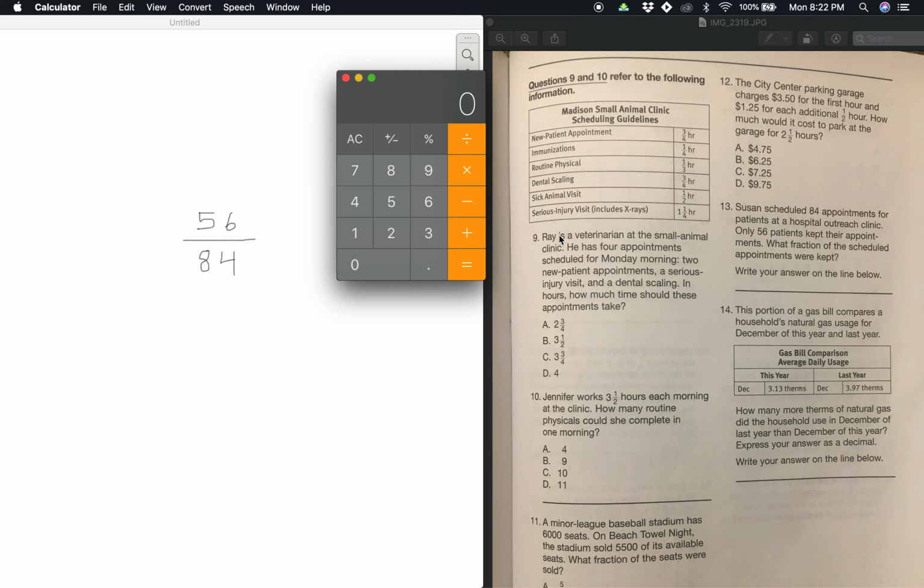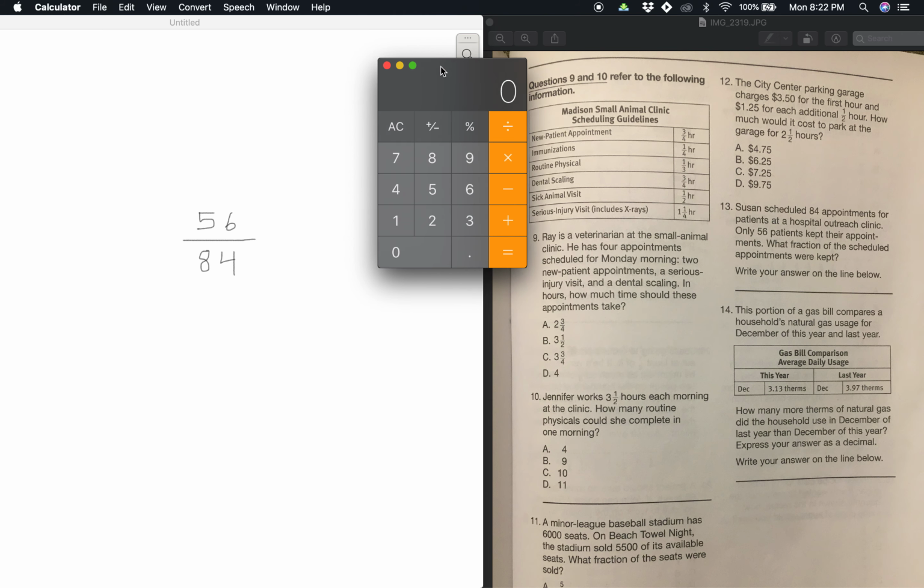And let me see if it does say we can use our calculator in here, by the way. It's on the following page. As you can see, this is number 9, but on the following page it starts number 1. It says you may use your calculator.